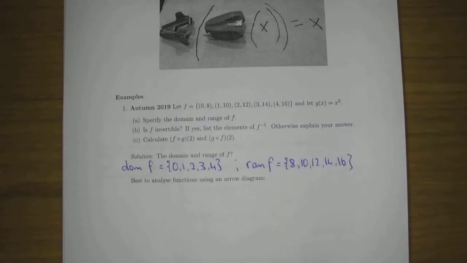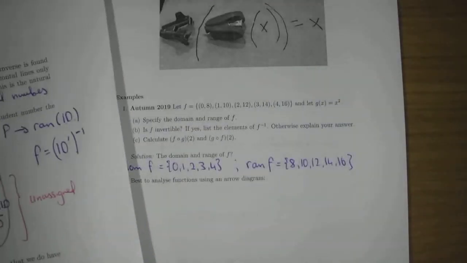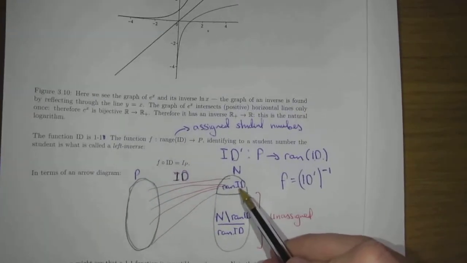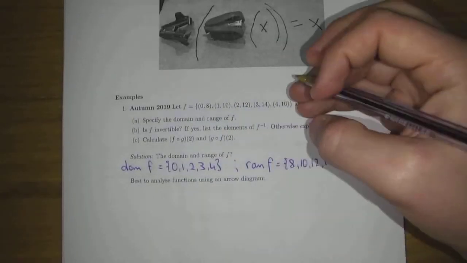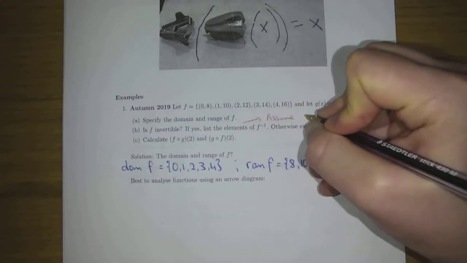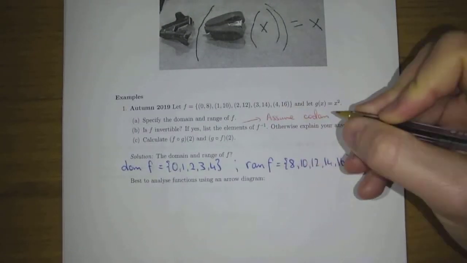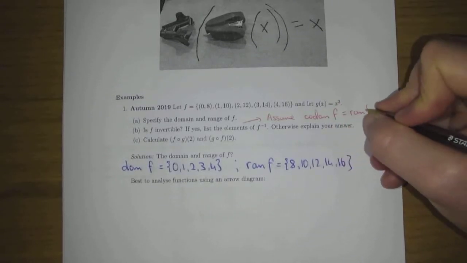So basically what I'm getting at there is when we draw the arrow diagram, it's going to look invertible, but it assumes that the range and the codomain are the same thing. So we'll just assume for this one that the codomain, the place where the outputs live of the function, is equal to the range of the function.